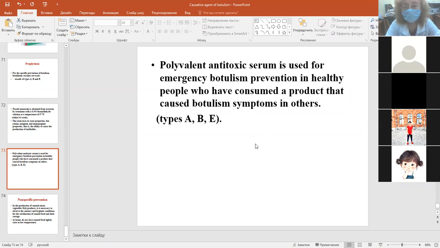People who ate the same food should get polyvalent antitoxic serum for emergency botulism prevention. It is not usual prevention, it is emergency prevention. They should get the same preparation as people with symptoms of botulism, okay? Because it is too late to vaccinate them.